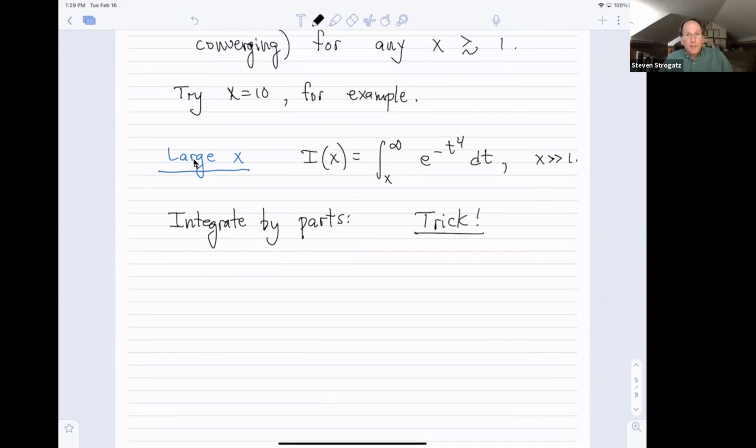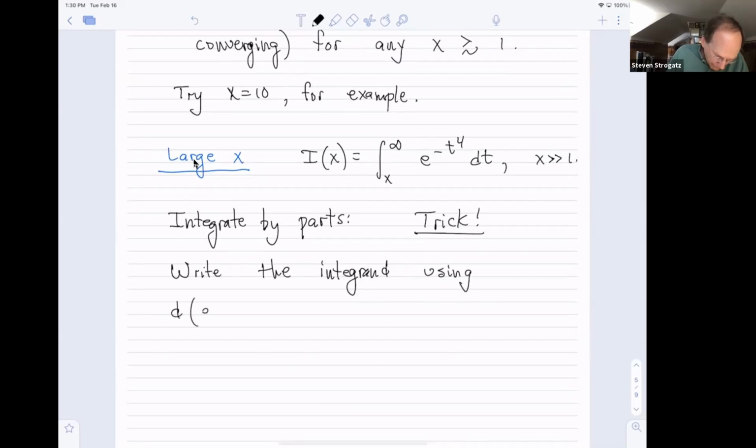The dt can give us what we want. Let me put it this way: write the integrand, including the dt part, using the differential of e to the minus t to the 4th.